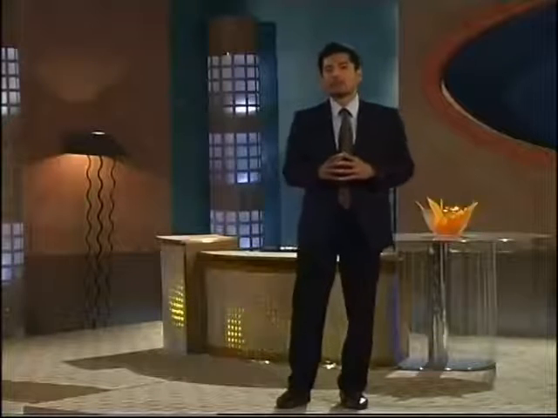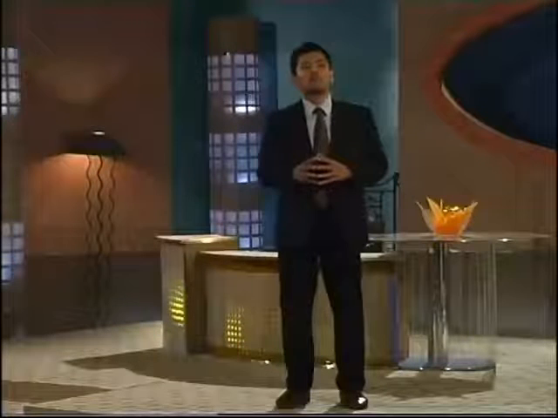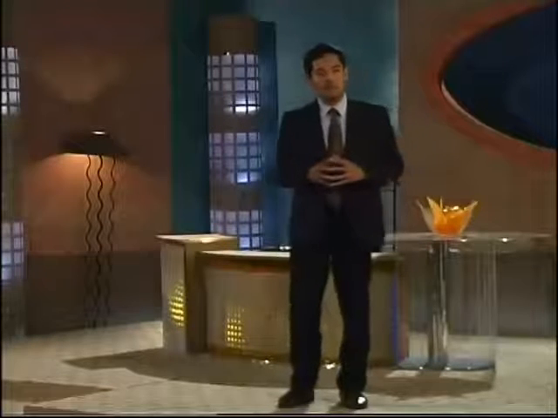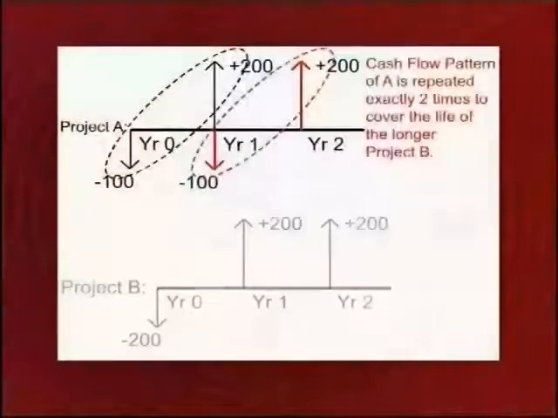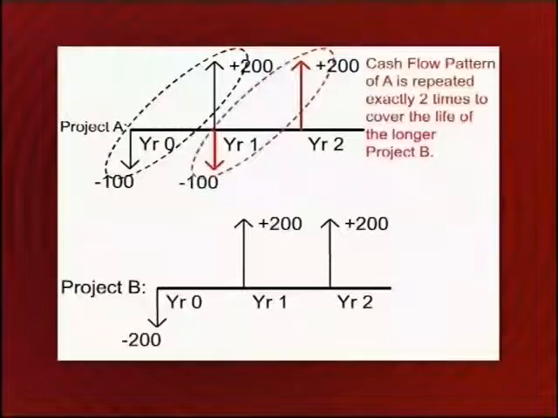You have an upward pointing arrow of 200 rupees and a downward pointing arrow of 100 rupees. So the net cash flow for this particular point in time, year 1, is a net cash inflow of 100 rupees, which you can show by an upward pointing arrow. This is the case for project A. And this is the complicated one, because project B is unchanged.